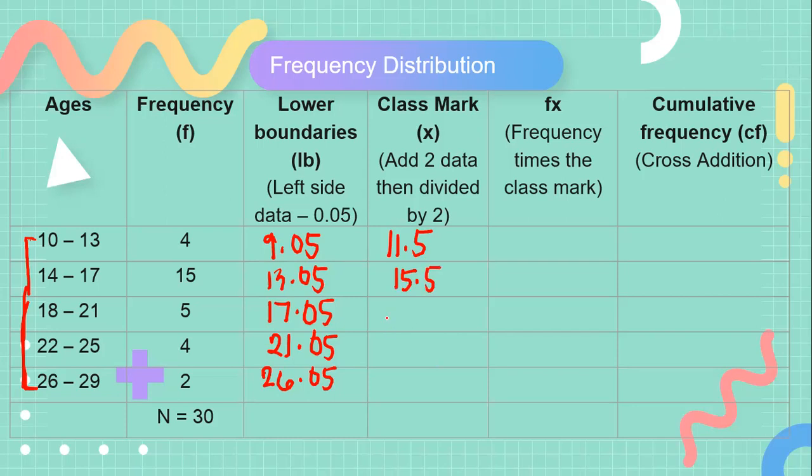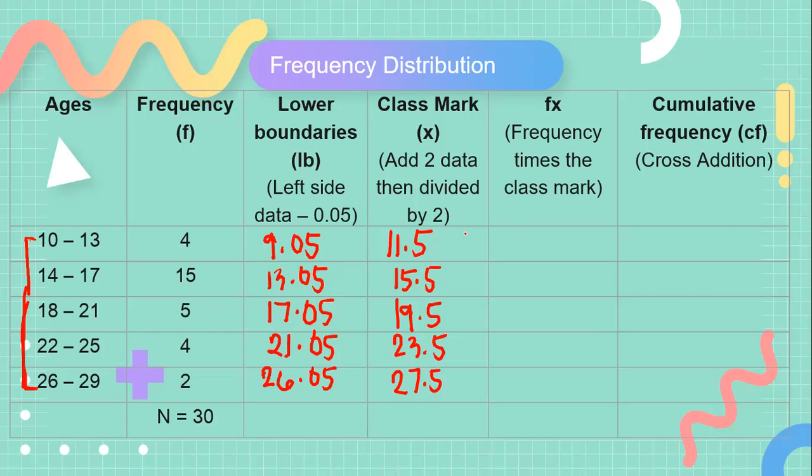Then 18 plus 21 divided by 2 is 19.5. Then 22 plus 25 divided by 2 is 23.5. Now 26 plus 29, then divided by 2, is 27.5.